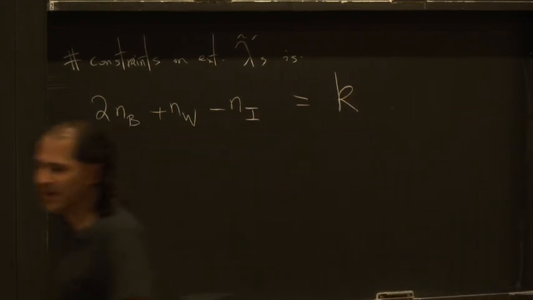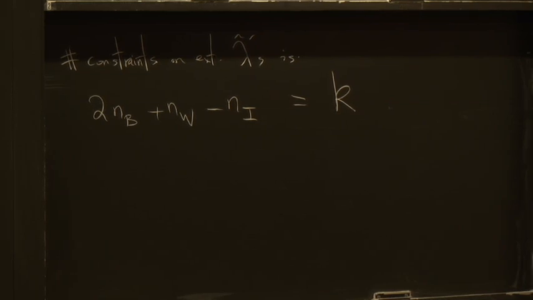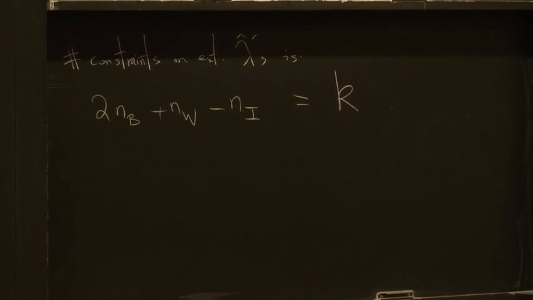Where by k I mean the degree in the eta tildes, right? That's because every black vertex has weight 2 times 4 in the eta tildes. Every white vertex has weight 1 times 4 in the eta tildes. But I'm integrating over the internal lines.